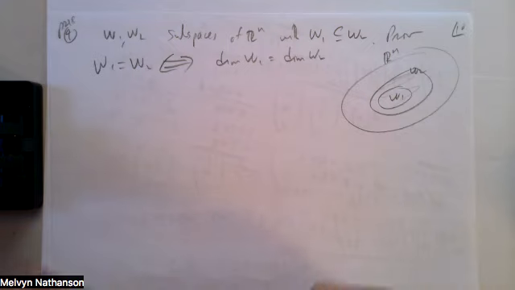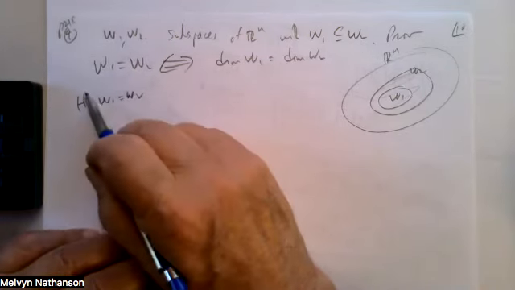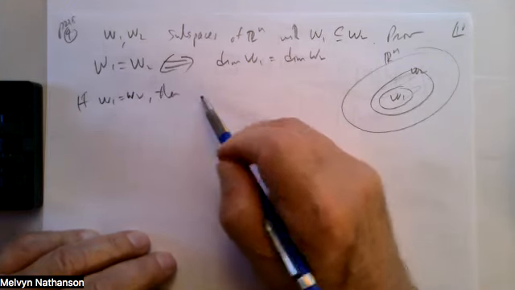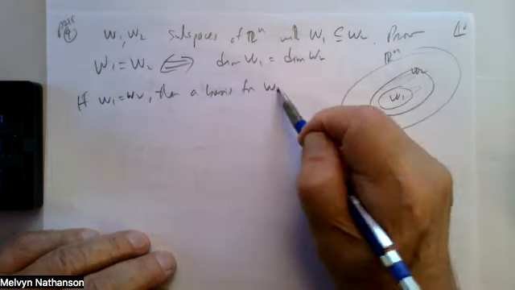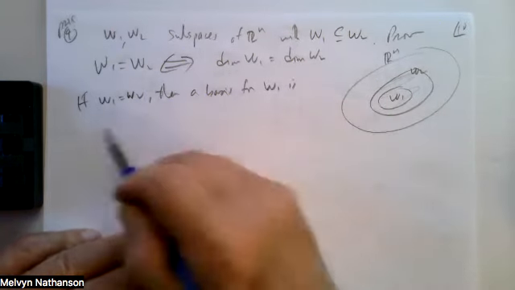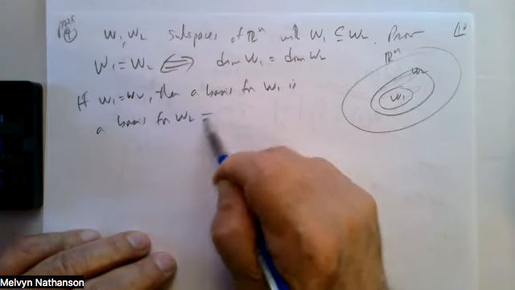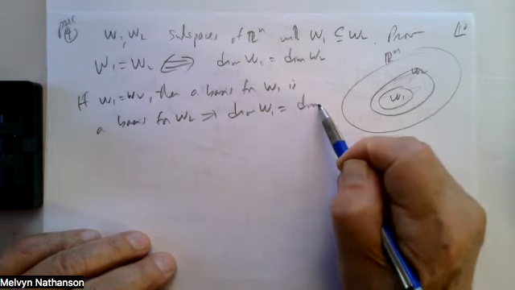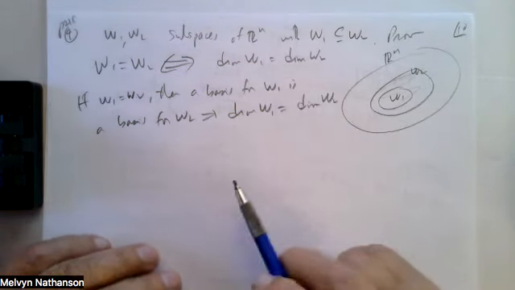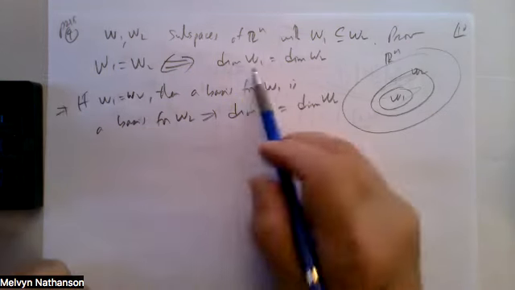So, of course, if W1 equals W2, then any basis for W1 is a basis for W2, so they have the same dimension, because the dimension is the number of elements in a basis. So that's the proof that this implies this.